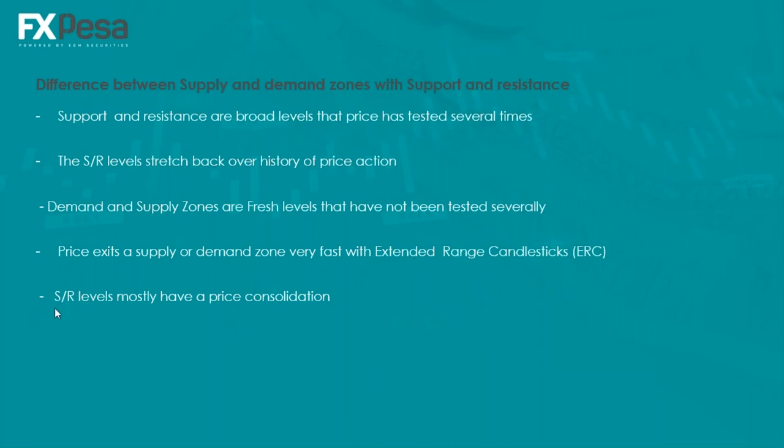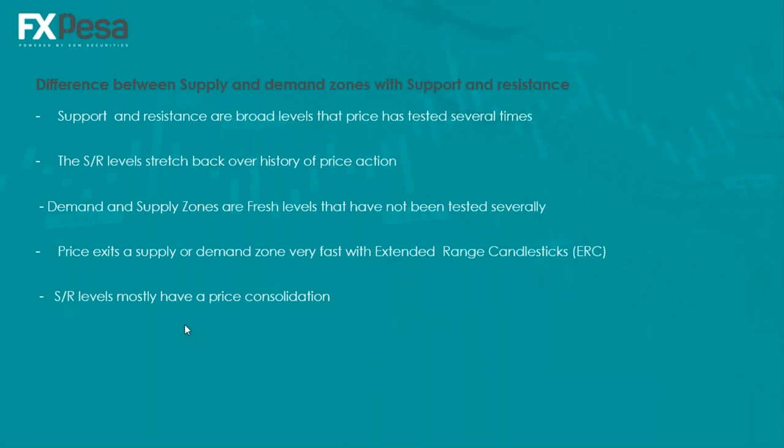On the other hand, support and resistance is marked by consolidation. When it comes to support and resistance areas, you tend to have a lot of candlesticks forming along that zone because prices are being accumulated along that level.